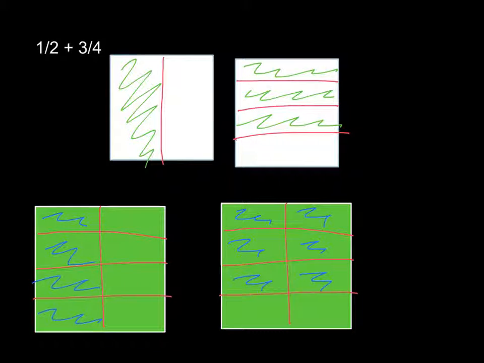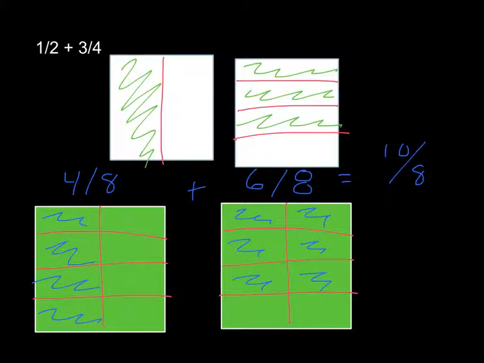And if I count it up, in the first rectangle, I have 4/8 that I am adding to 6/8. I got that by counting the squares on the inside, or the smaller rectangles. Since I have common denominators, I can do 4/8 plus 6/8, which is 10/8.